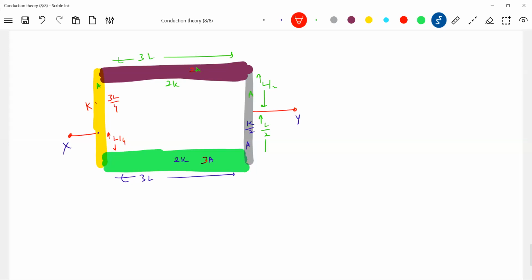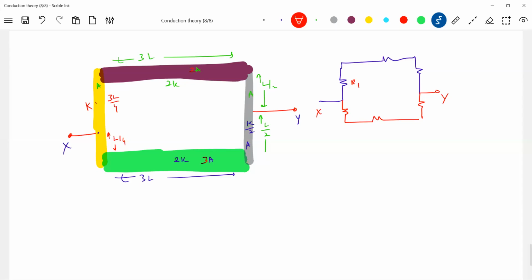So here I'll do one thing. This length is 3L by 4, so this will have one resistance. The equivalent circuit diagram, I'll plot it here. This is the one thing, then the lower part. This is Y, this is X, no?